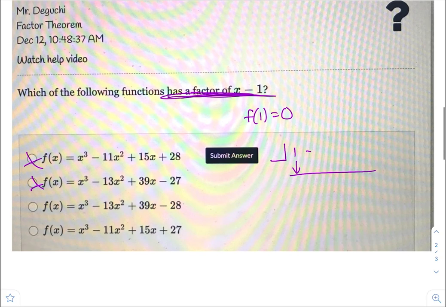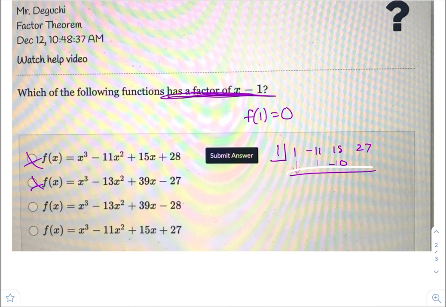Next, 1, negative 13, 39, negative 28. 1 times 1 is 1, negative 12 times 1, negative 12. 39 plus negative 12 is 27. Nope, that's not going to give us 0 either. We are close. Let's try 1, negative 11, 15, and 27. So 1 times 1 is 1, add negative 10 times 1, negative 10, add 5. Okay, that one's not going to get it either.